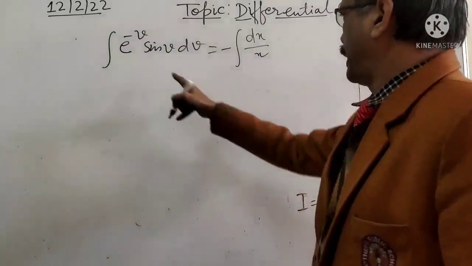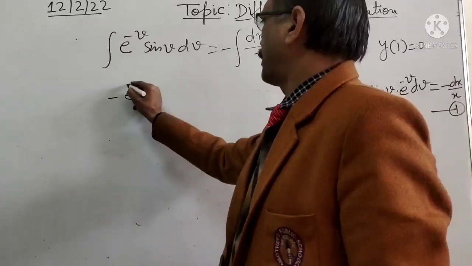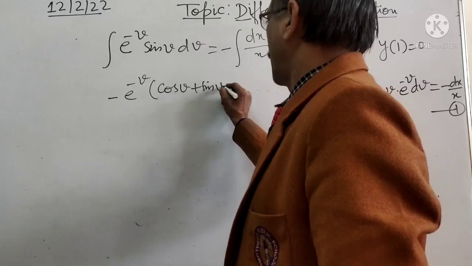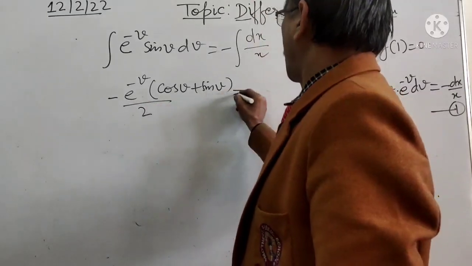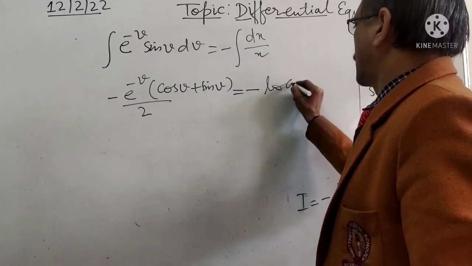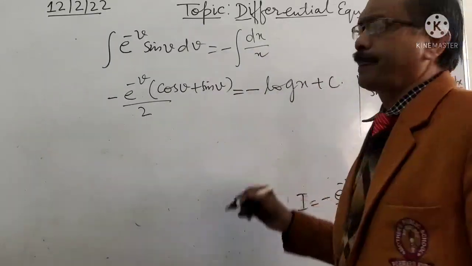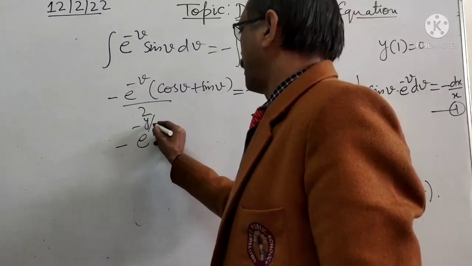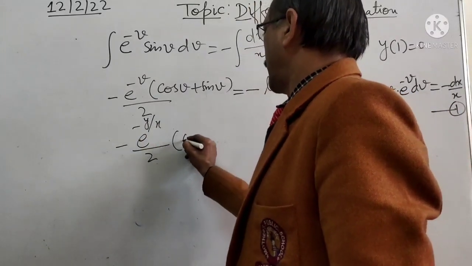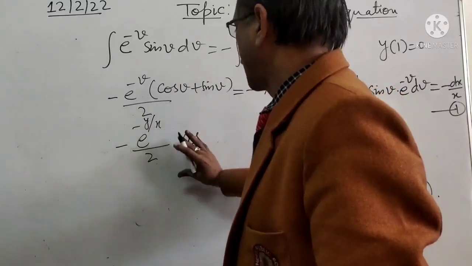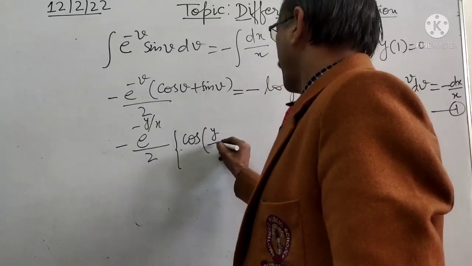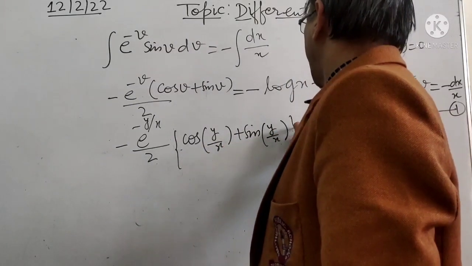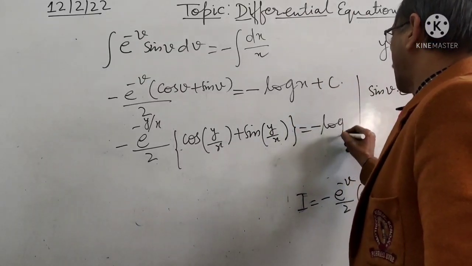Now its value is minus e power minus v, cos v plus sin v upon 2, is equal to minus log x plus c. v equal to y upon x, so minus e power minus y upon x upon 2, cos y upon x plus sin y upon x equal to minus log x plus c.